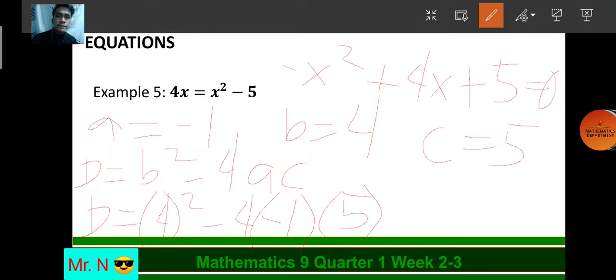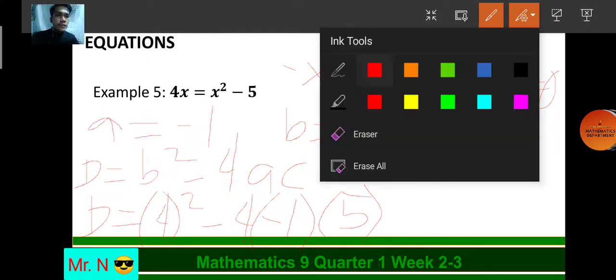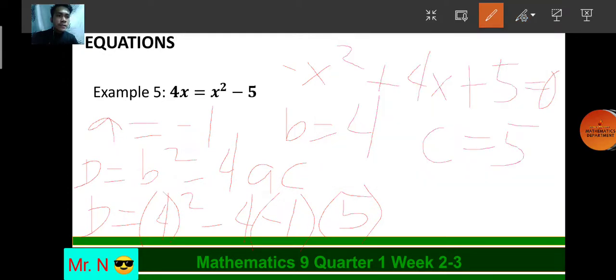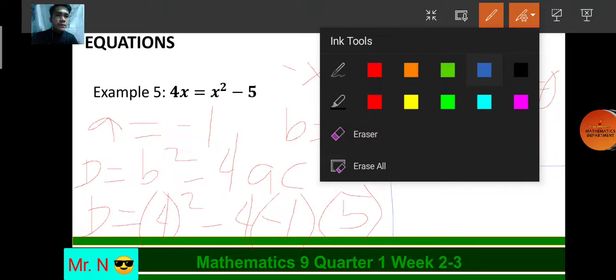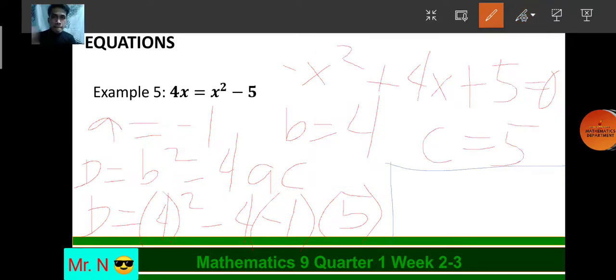Alright, now let's solve. Let's put a barrier here. Alright, so let's continue. So we have now 4 squared minus 4 times negative 1 times 5.